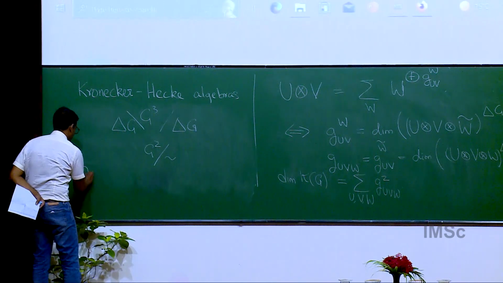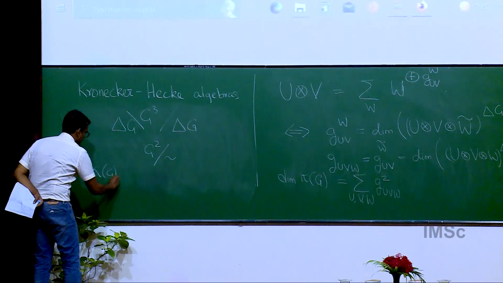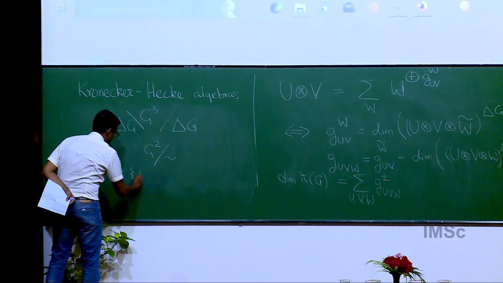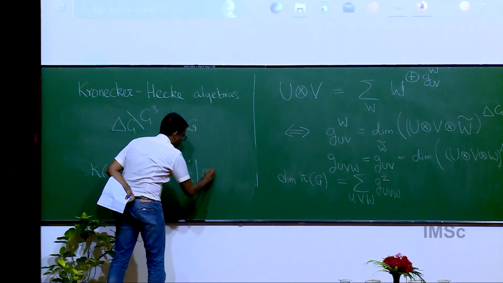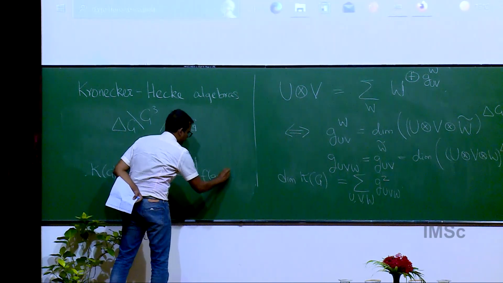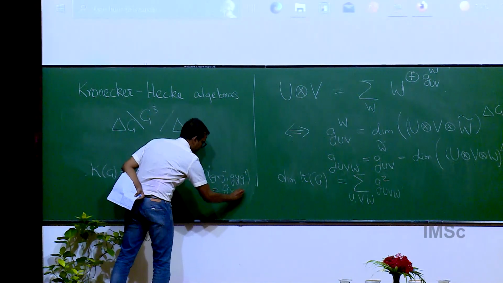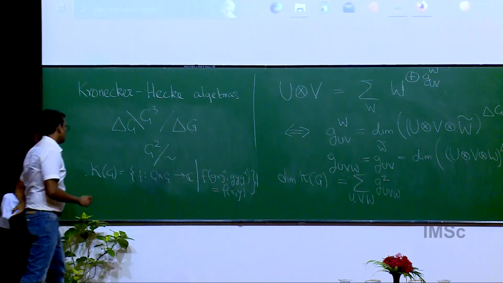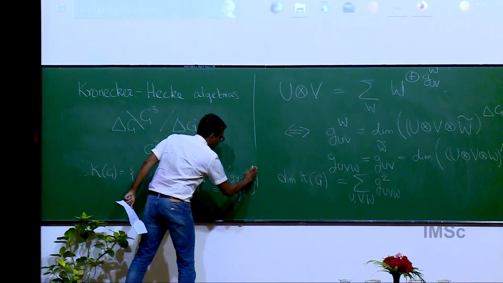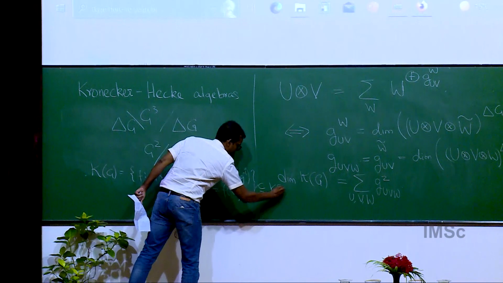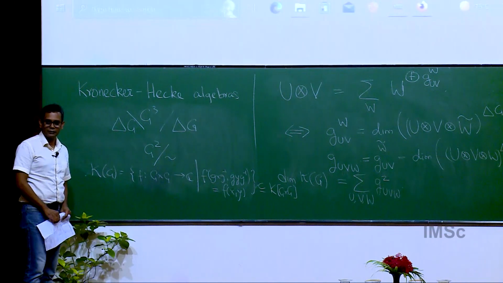So this Hecke algebra HKG turns out to be the algebra of functions from G cross G to C such that f(gxg^-1, gyg^-1) is equal to f(x, y). So it is the subalgebra of the group algebra of G cross G consisting of functions which are invariant under simultaneous conjugation.